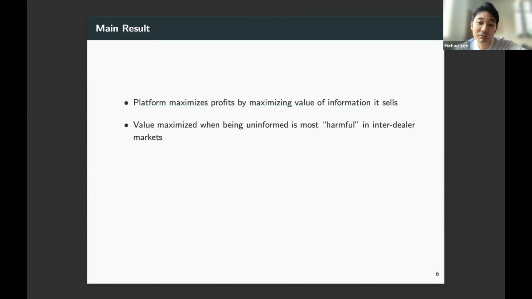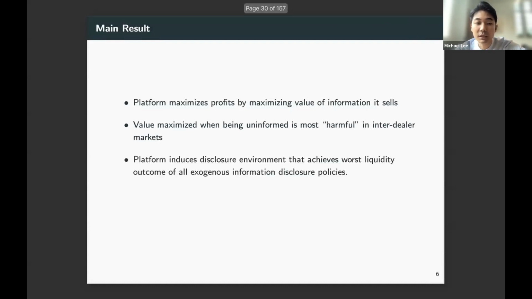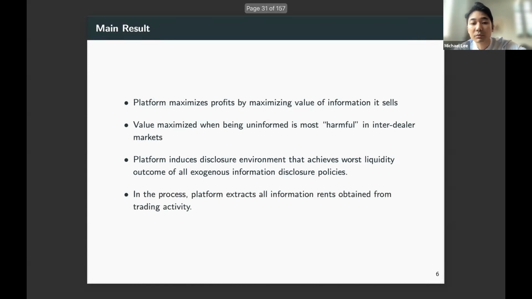So that's when you have the largest gap between being an informed and uninformed dealer in the market. Now, because of this, the platform induces a disclosure environment that achieves the worst liquidity outcome of all the exogenous information disclosure policies that we'll cover. And this shows you that in the process, the platform is able to extract the information rents obtained from trading activity.